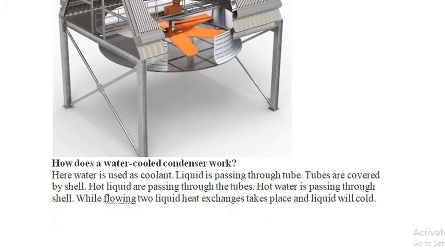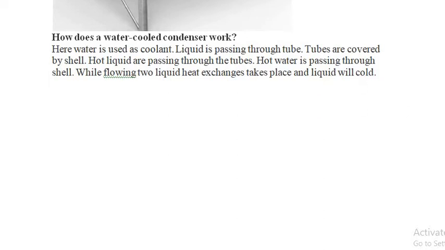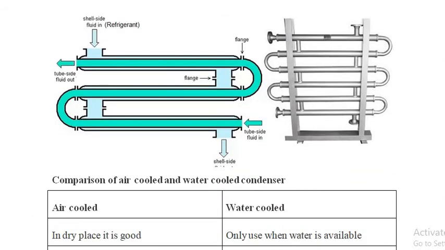Second, how does a water-cooled condenser work? In a water-cooled condenser, water is used as the coolant. When the liquid passes through the tube, it gets covered by the shell. You can see the picture over here. This is the shell side, and this is the tube side. You also saw the surface condenser picture previously, where the water comes in and the fluid goes out.